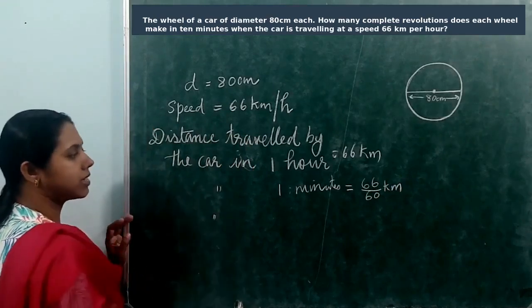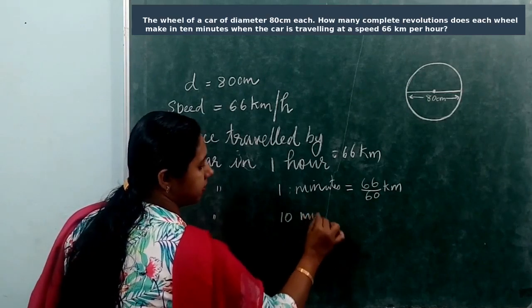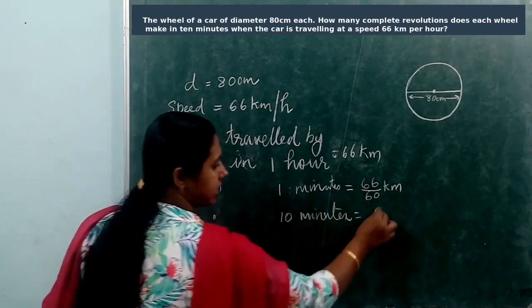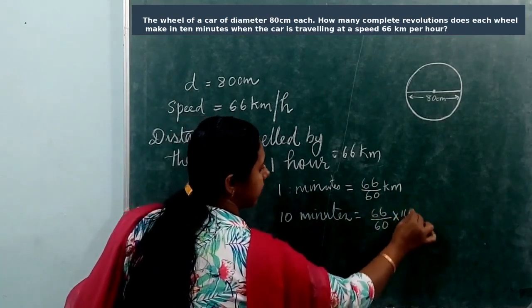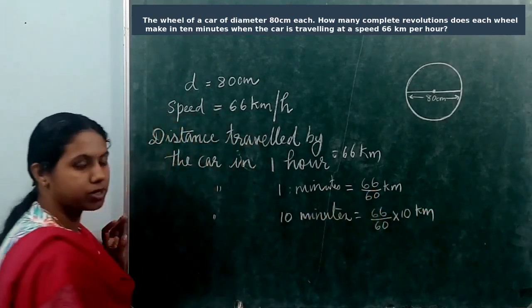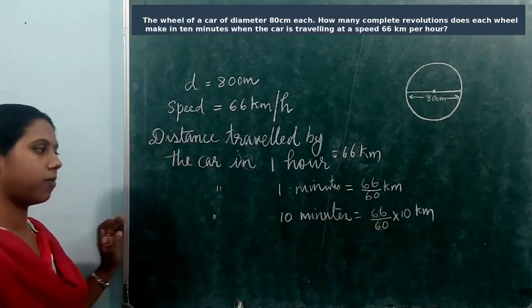Therefore, the distance travelled by the car in 10 minutes is equal to 66 by 60 into 10 kilometer. For 1 minute, 66 by 60 kilometer. Then for 10 minutes, 66 by 60 into 10 kilometer.